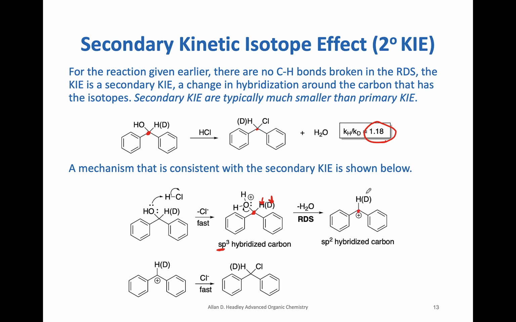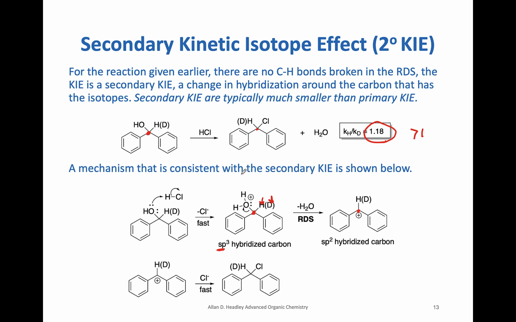One thing I should point out is that this is plus 1.18. As we'll see in a second, we can have a value that's less than 1, less than unity. But this is greater than unity, so we call this a typical secondary isotope effect. I'm emphasizing that because we'll look at the inverse in a second.